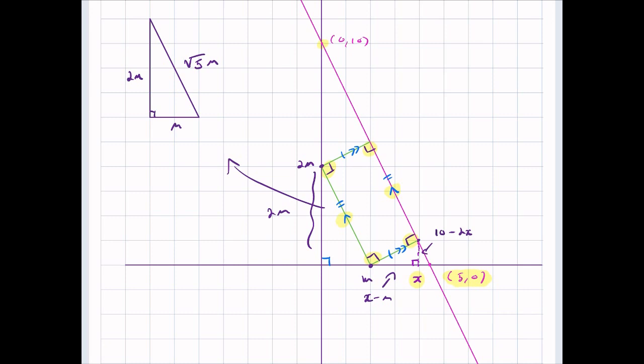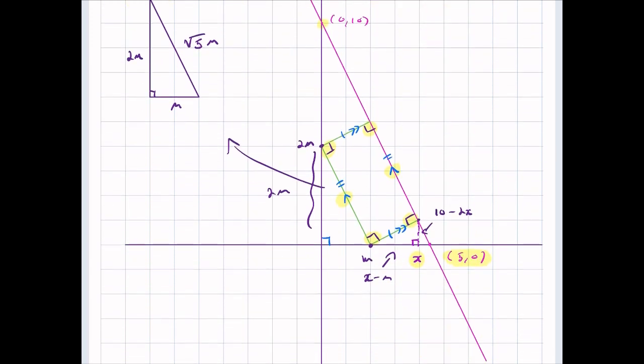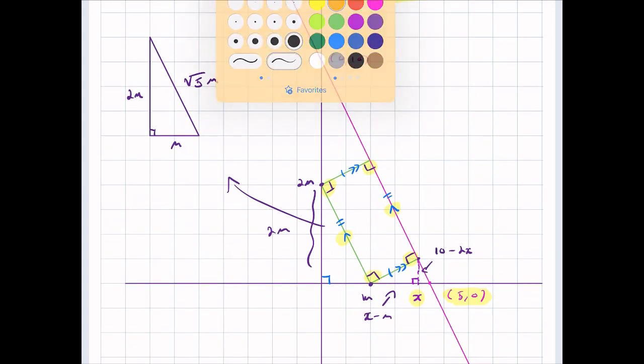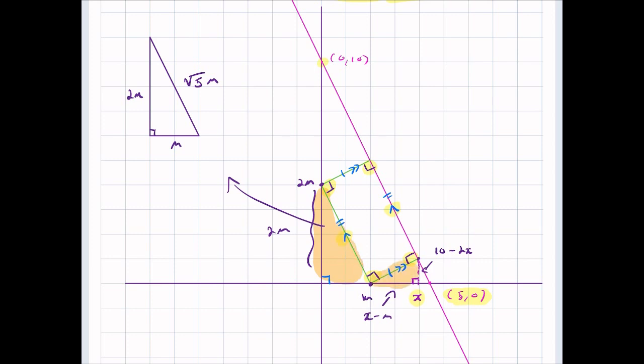And this is going to be useful because that's one of the sides of the rectangle whose area we're going to want to find. But it's very tempting at this point, and I think a lot of people would start out by saying, okay, now that I have the similarity between this triangle here and this little guy there, I'm going to say, all right, well, (10 minus 2x) over (x minus m), the height of the little triangle divided by the base of the little triangle, has to be equal to m over 2m, right?